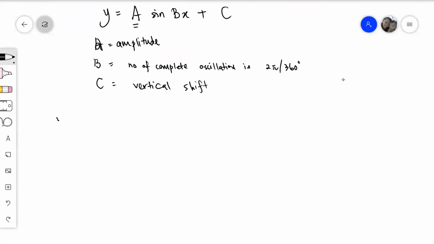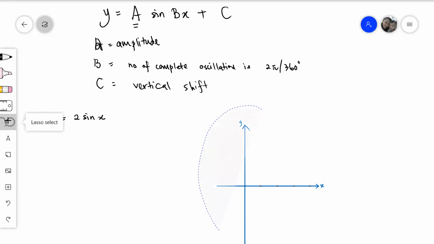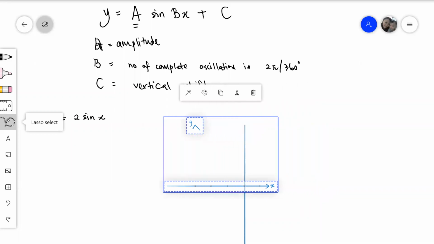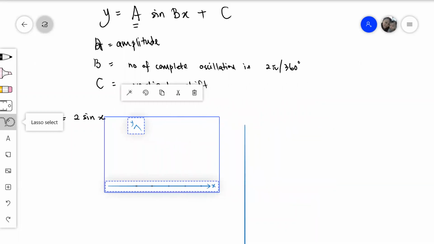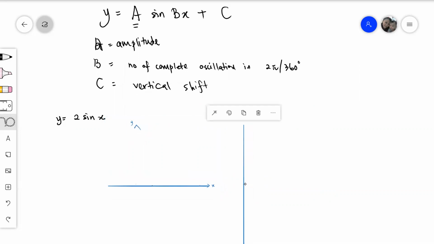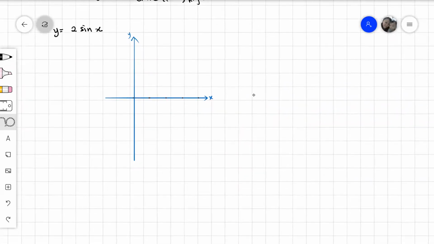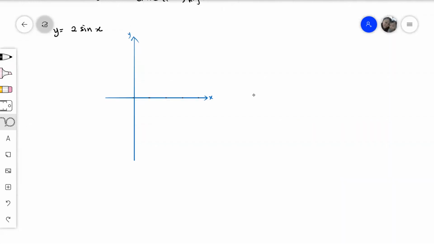For y equals 2 sine x, same thing, we divide the x-axis into 4 quadrants first.